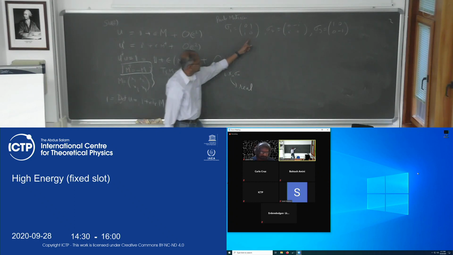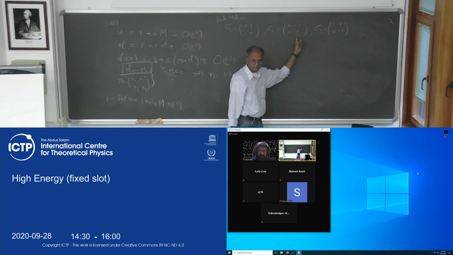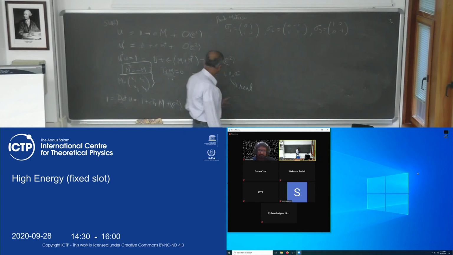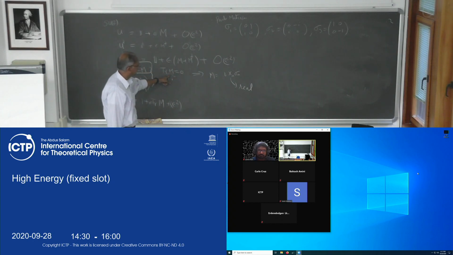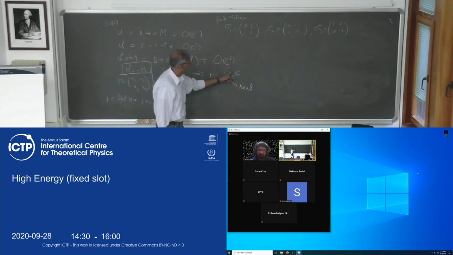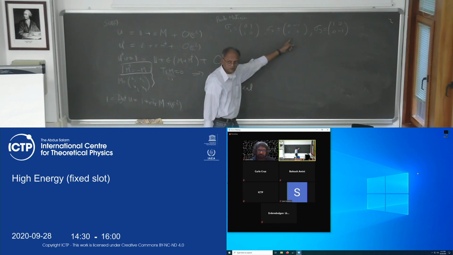And indeed you can see that all the matrices are Hermitian. Secondly, we have the condition trace of M equal to 0. That means we also have to make sure that the traces of these are 0, and that's also true. The traces of all of these matrices are 0.